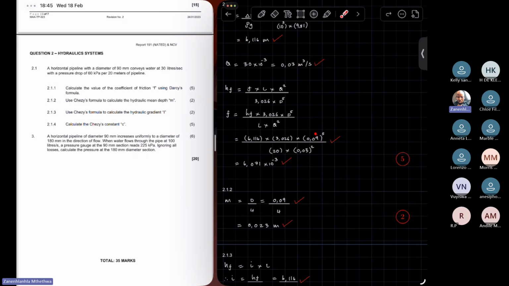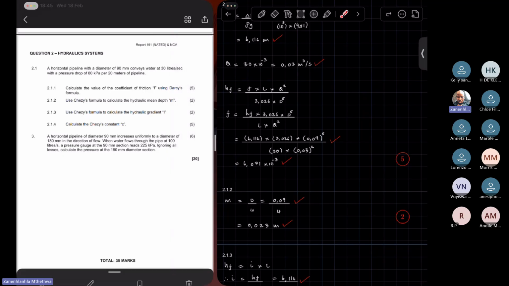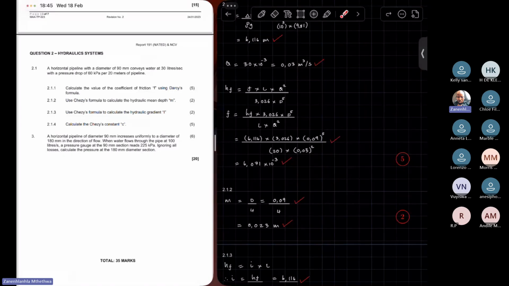Convert the millimeters to meters: from millimeters to meters, you divide by 1,000, and to convert from meters to millimeters, you multiply by 1,000. That is where the 0.09 comes from. I divided the 90 by 1,000. So you get 0.09 to the exponent 5, divided by the length, which, as we've established, is only 20 meters of the pipeline.